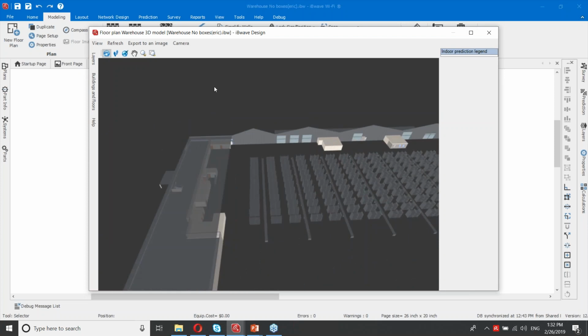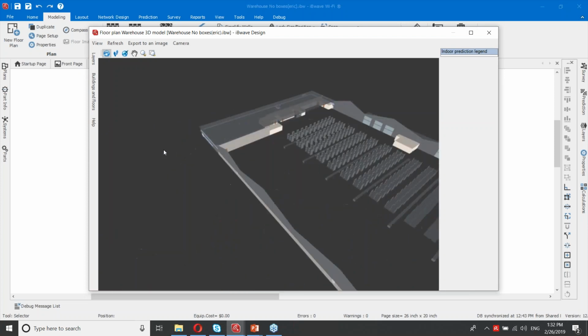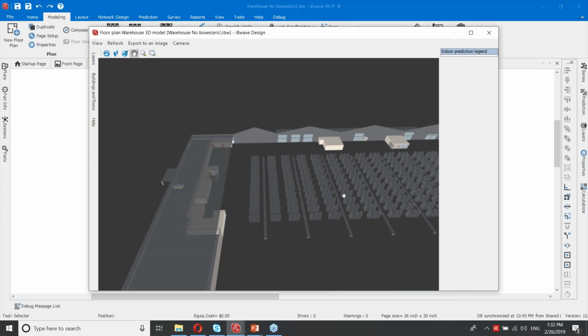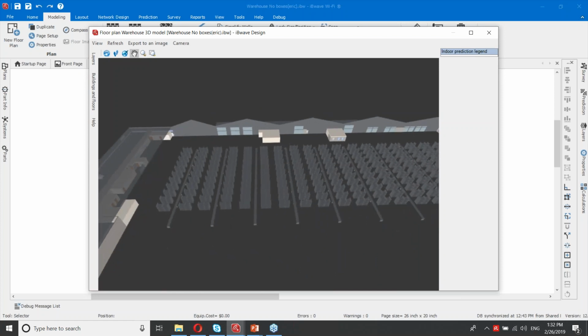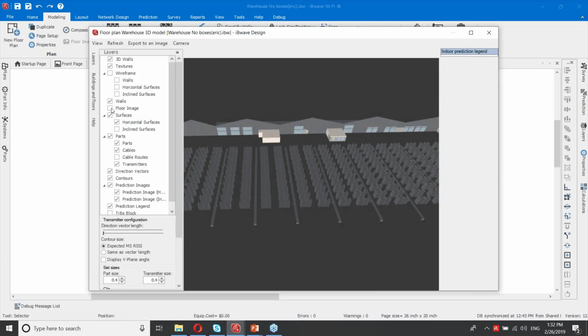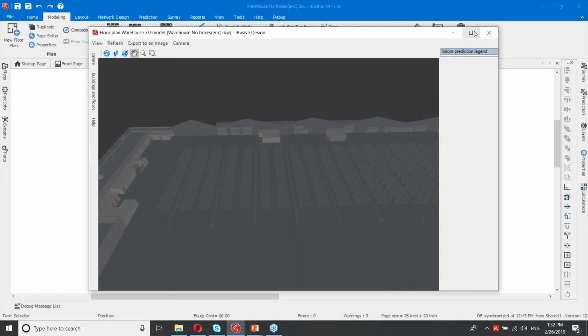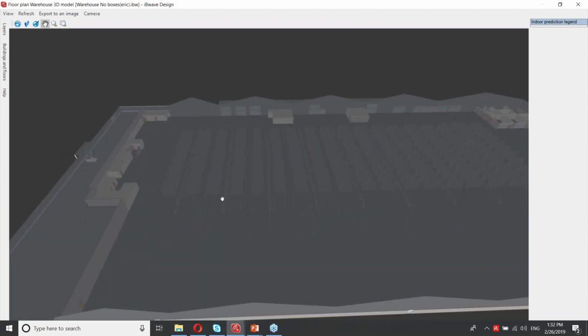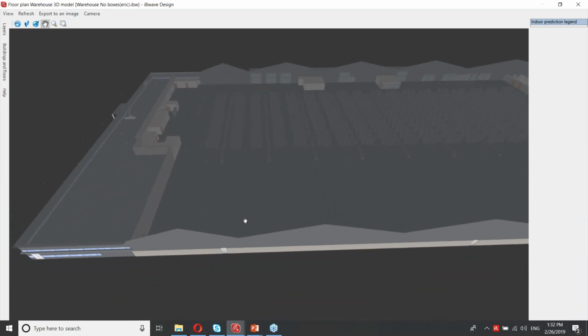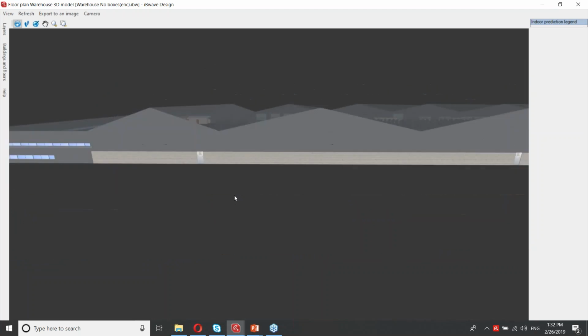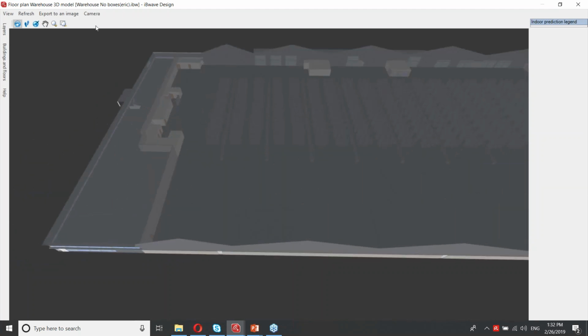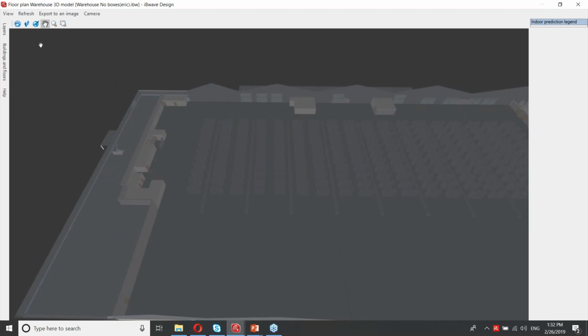So here is the view of our factory, of the factory warehouse, and there I want to show you inclined surfaces that show the view of a roof. So the roof is shown here, and I'm assuming that roof is about 6 meters high.